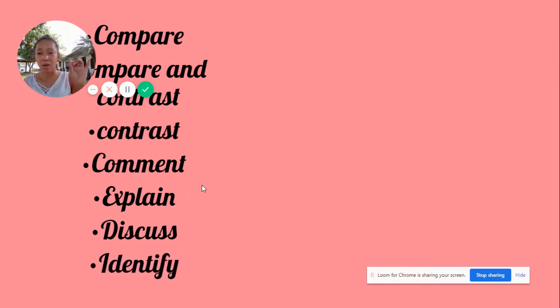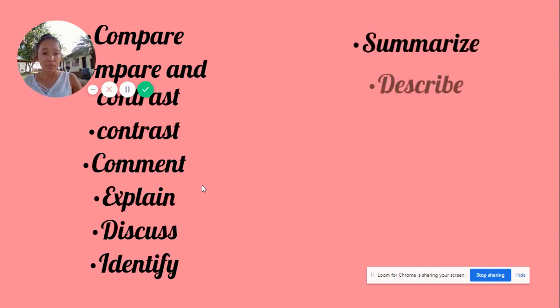Identify means to pick out, point out, take out from a particular passage. Summarize means use your own words to say it in short. Describe means I am providing characteristics of something. Illustrate, remember we said we're providing images by using figures, examples to prove your point.